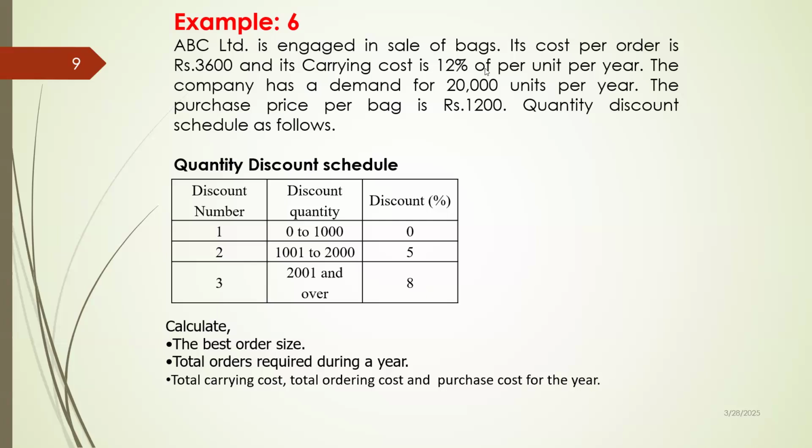Yes, because we can get that 8% discount, multiplied by the total requirement of 20,000. I think discount number 3 may be the best. Better do the calculation, calculate the total cost and let me know the answer. What about others?